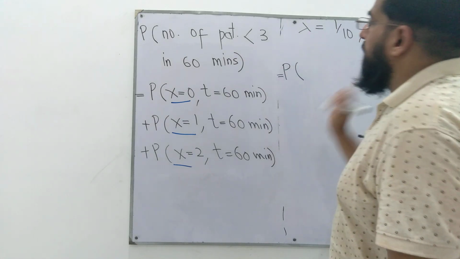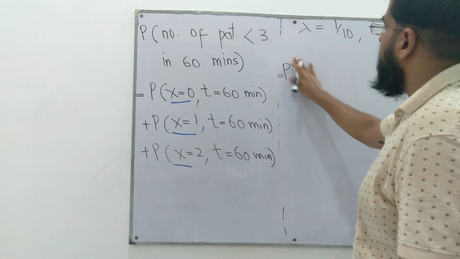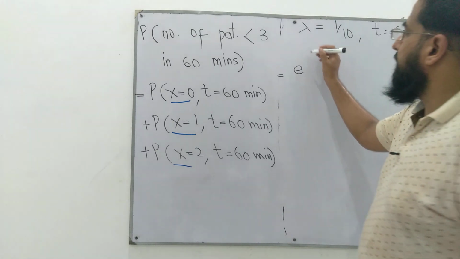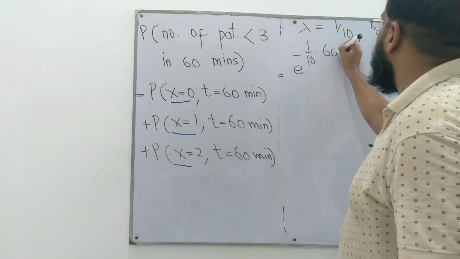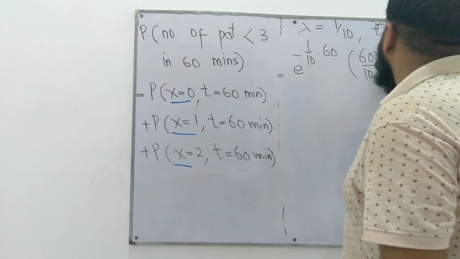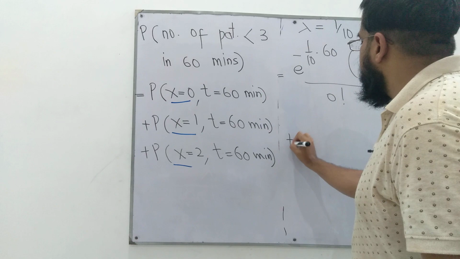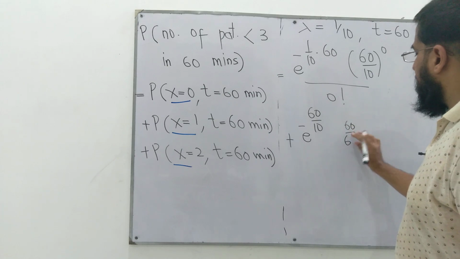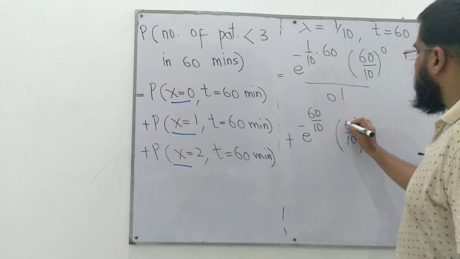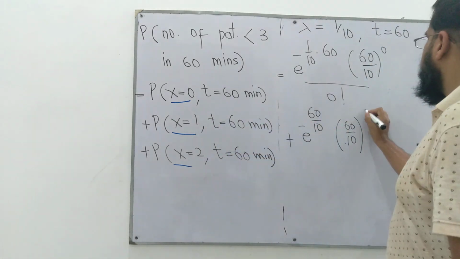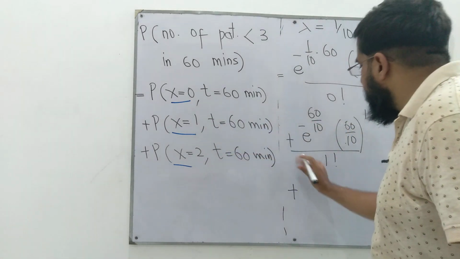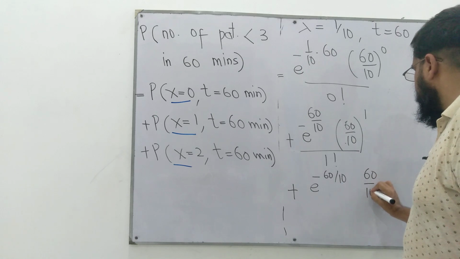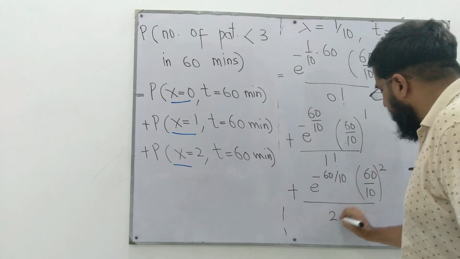The probability of having no patient, x equal to 0, according to the PMF of a Poisson distribution, is e to the minus lambda t, with lambda t being 1/10 times 60, times lambda t to the 0 over 0 factorial, plus e to the minus 60/10 times 60/10 to the k, where k is 1 here, over 1 factorial, plus e to the minus 60/10 times 60/10 raised to the 2 divided by 2 factorial.